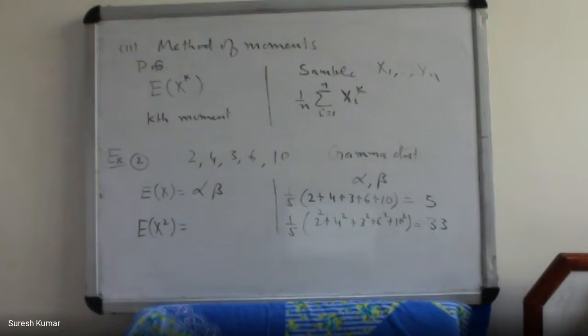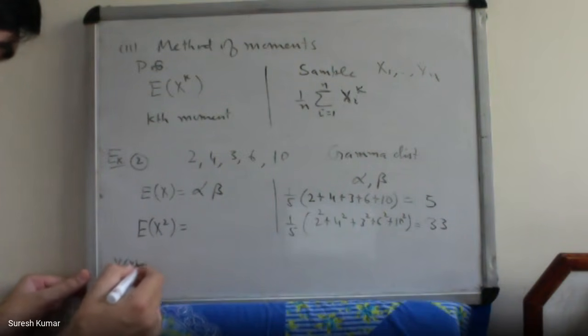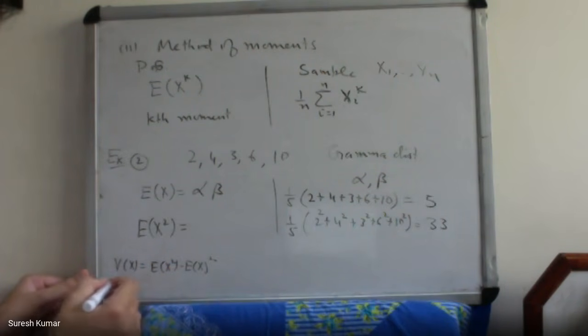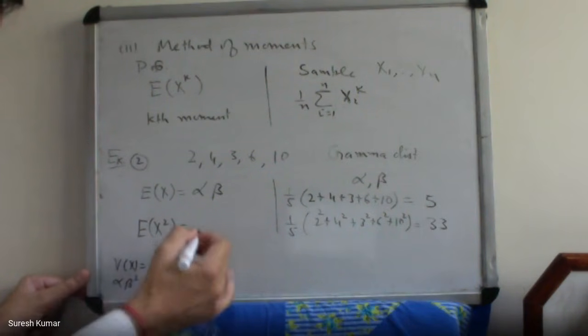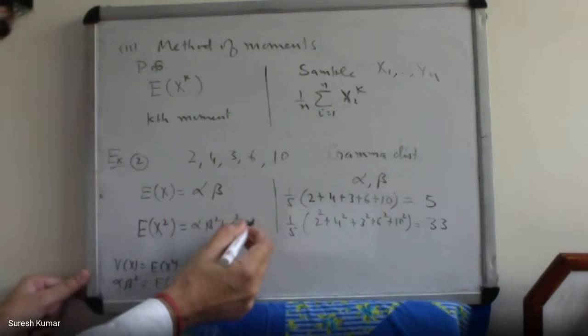How to recall the second moment? If you know the variance, then it's easy to recall, because you know the relation Var(X) equals E(X squared) minus (EX) squared. The variance is alpha beta squared, so from this the second moment is alpha beta squared plus alpha squared beta squared.